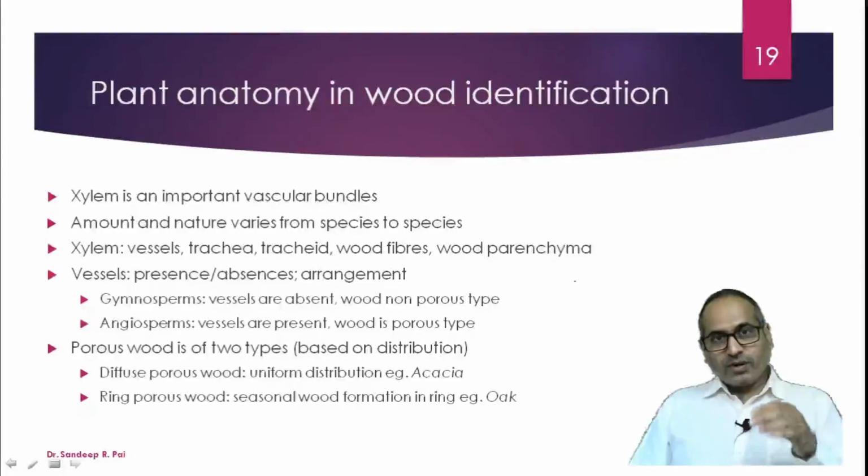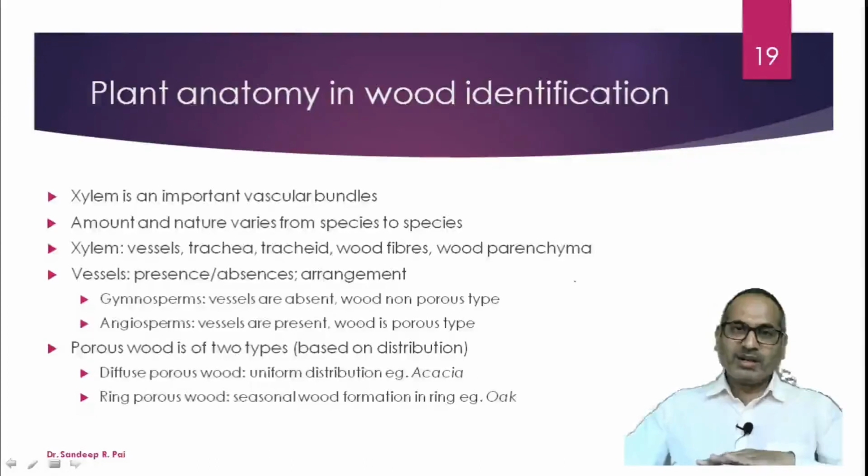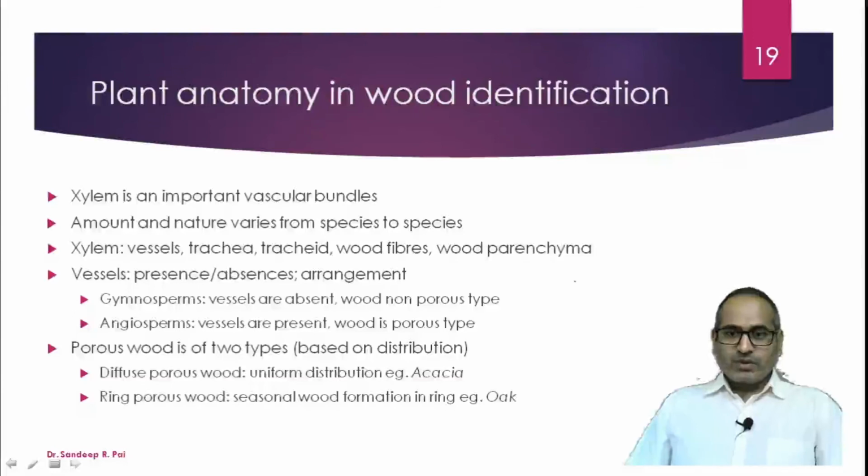So it gives you an identification of a wood character, that there is wood formation in a ring-wise manner. You can say that it is ring porous wood, and in some cases there is diffuse wood where there is uniform distribution. So based on distribution you will identify porous wood and non-porous wood.